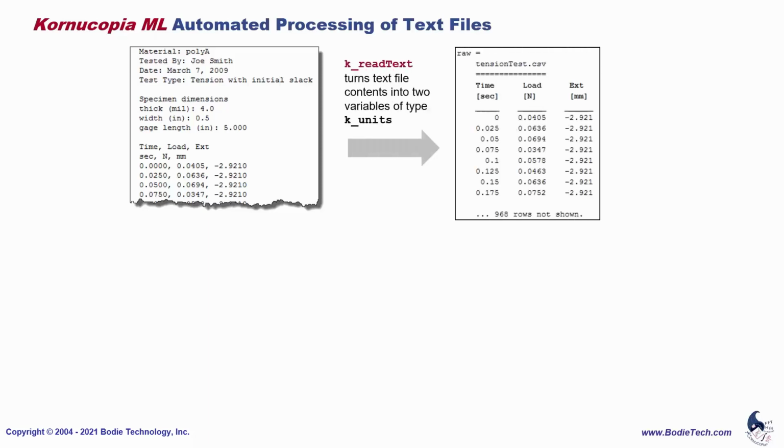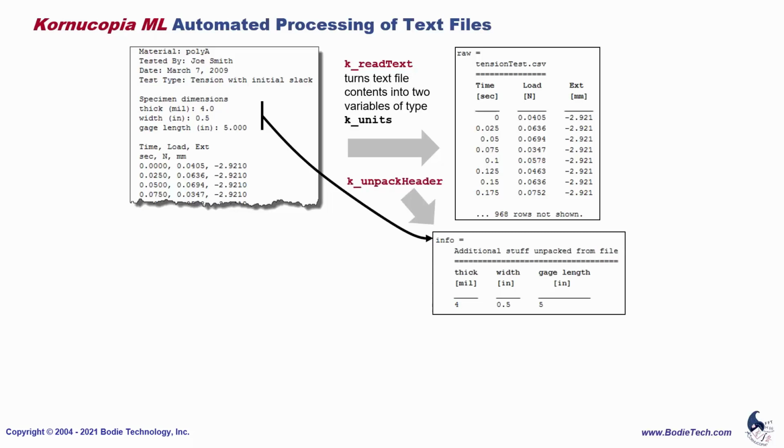Let's take a further look at one of the examples of automatically processing a text file. Here's a text file that has some header text with two different regions in the header text as well as tabular data below that. Using the kReadText function, we can easily read that file into a smart tabular variable as shown.